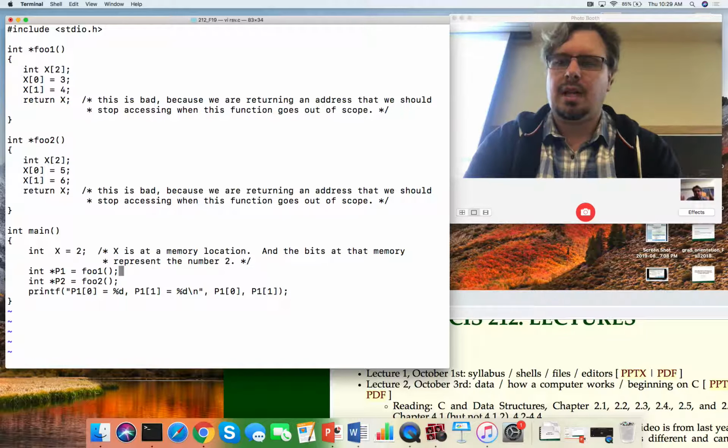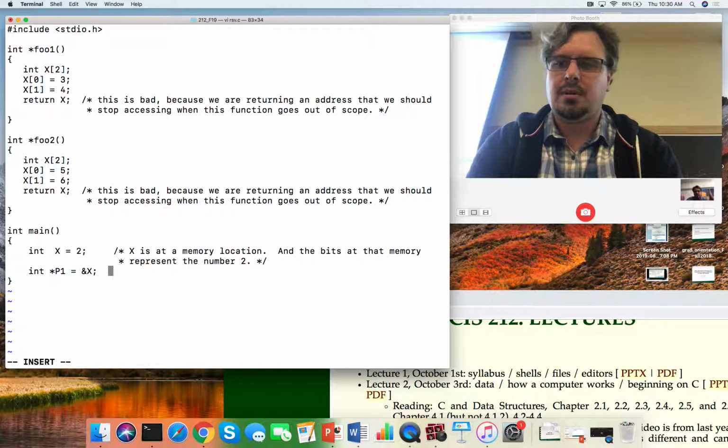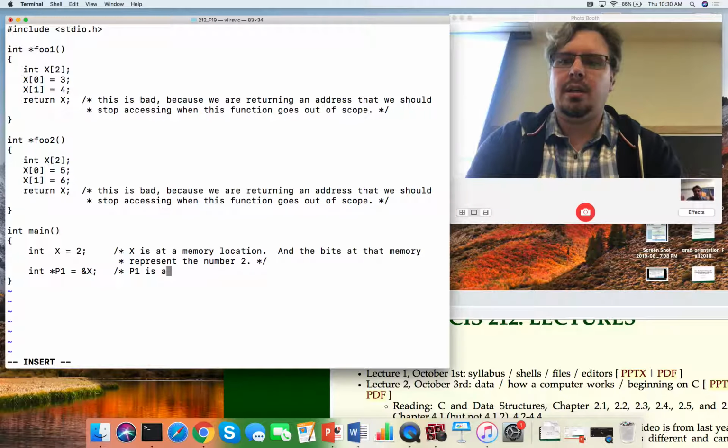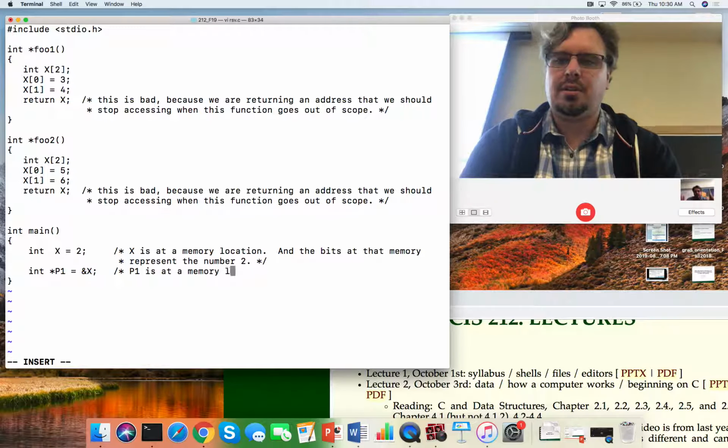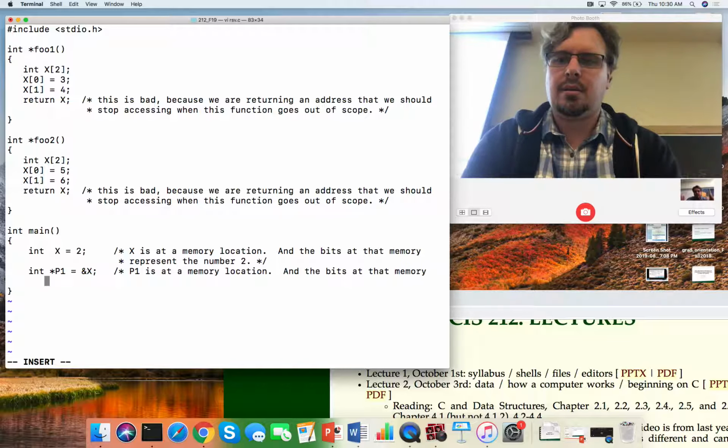Okay? So now I'm going to go to this one here and say int star p1 equals the address of x. So I'm going to try to use the exact same matching language. P1 is at a memory location, and the bits at that memory represent the address, which is that.